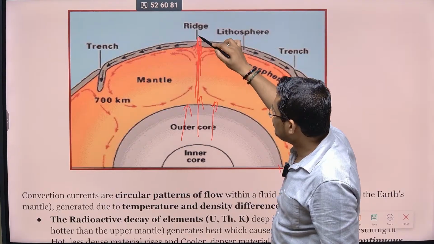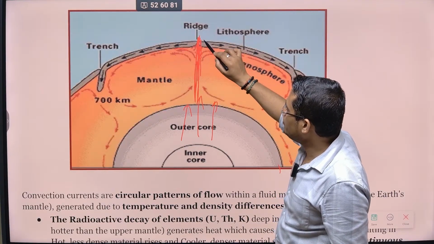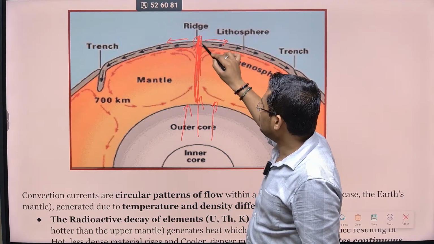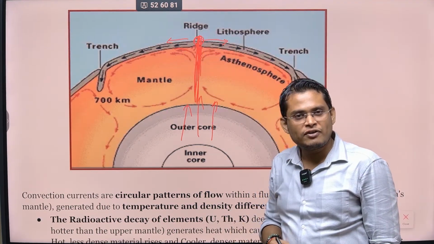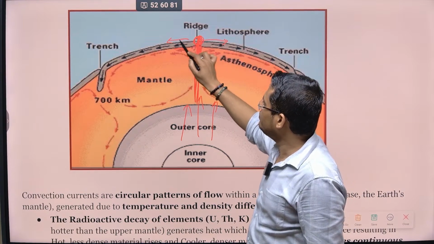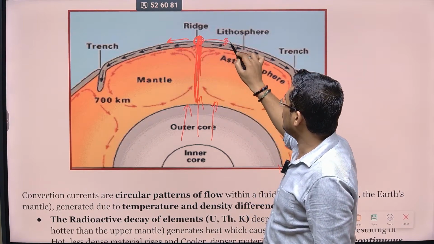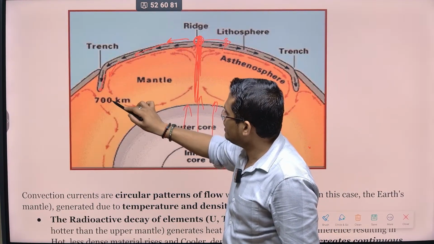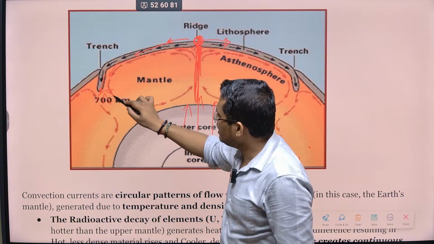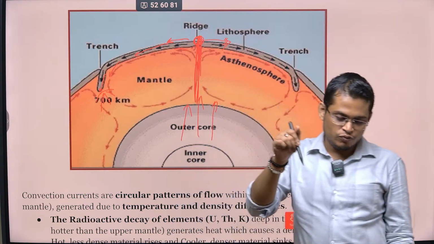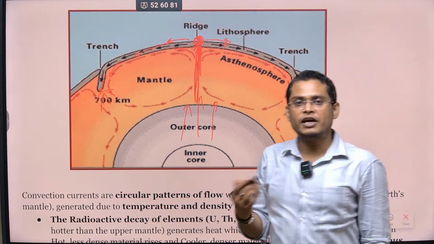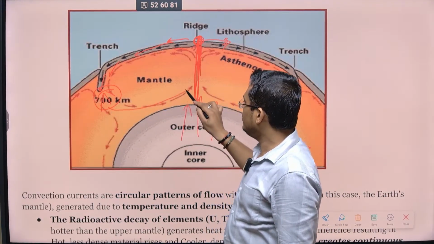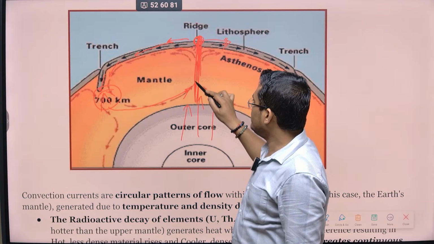The heat tries to come out through the mantle and crust, breaks the continent, moves it to both sides, and comes outside. Then the material solidifies to form new crust, and pushes the lithospheric plates to both sides. The plates move and go back inside the earth, and as we move deeper the temperature increases, so the plate melts and forms magma again.